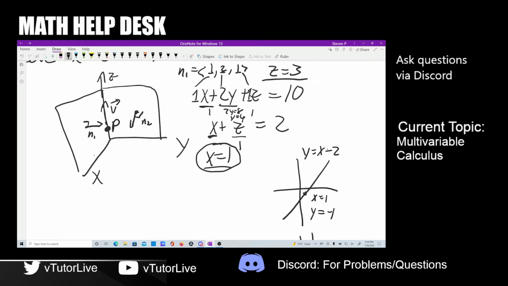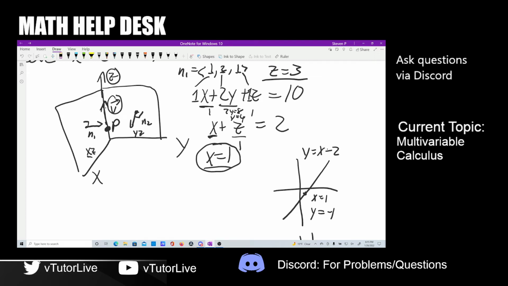If the first plane is the xz plane, and the second plane is the yz plane, you can see that the vector we decided was parallel to the line of intersection, the v vector, was basically the z-axis, right? And you can see that this must be, in fact, perpendicular to both the normal vectors, right?